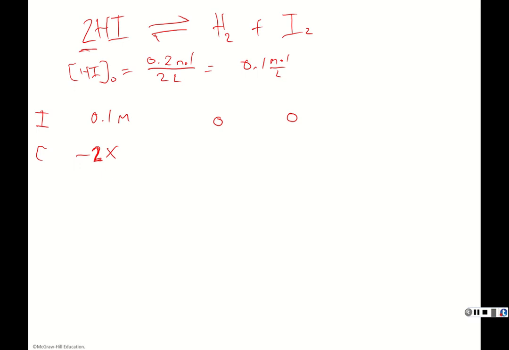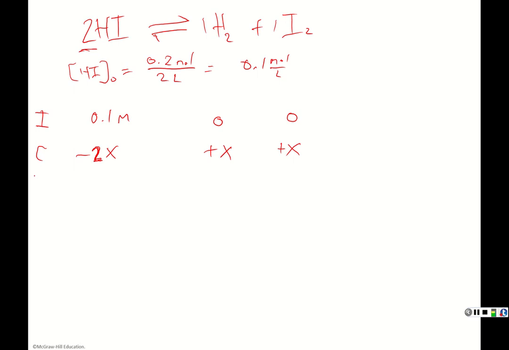So it's probably easier not to deal with halves and just call this 2x. And the products would be x, because they have a 1 out in front as their coefficient. They're going to be gaining concentration.